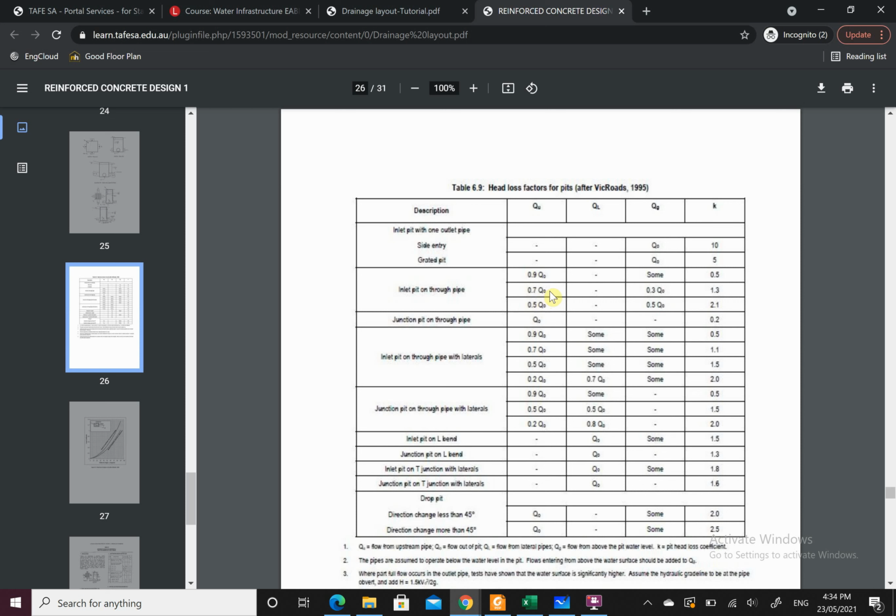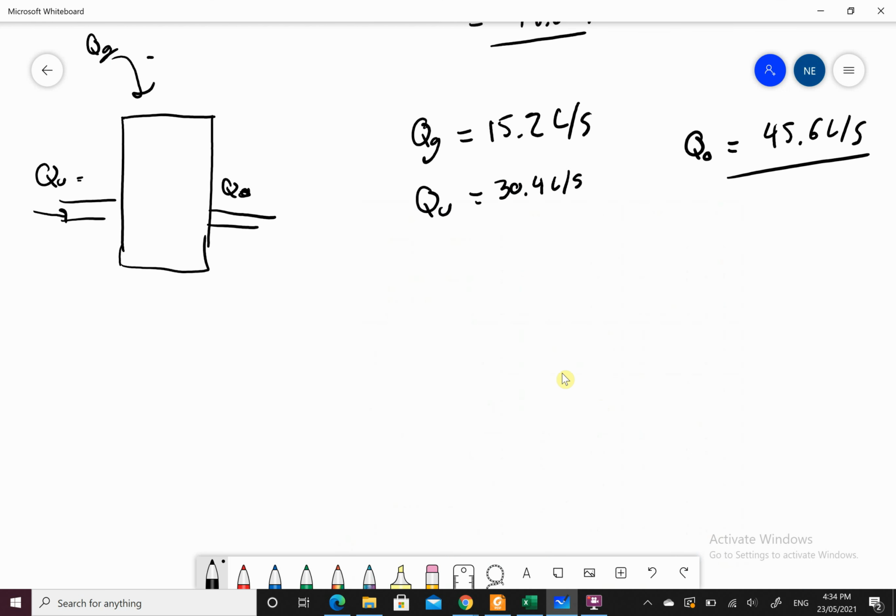Alright, so we can round that up to 0.7. So I have a K factor of 1.3. So what I can do is go QU is approximately 70% of Q out. So therefore K is equal to 1.3, and that is from table 6.9, and that's from the appendix.